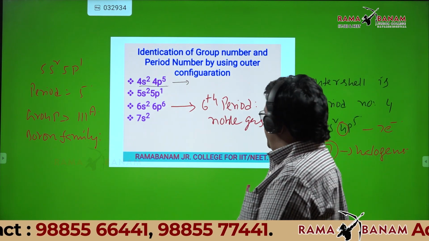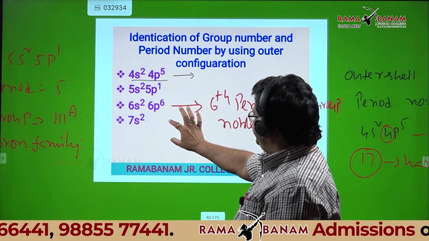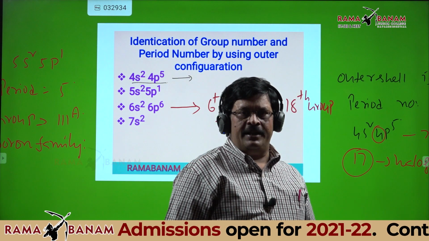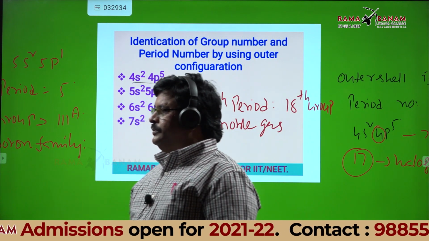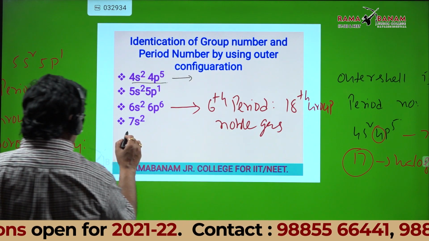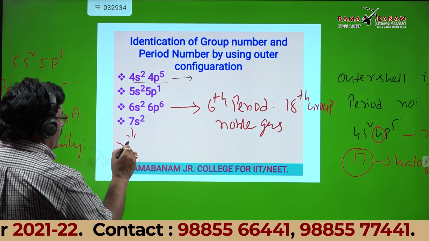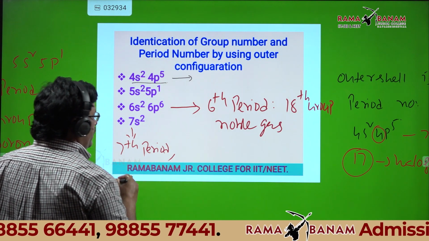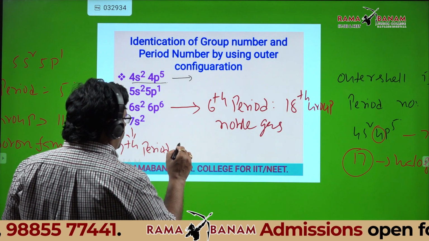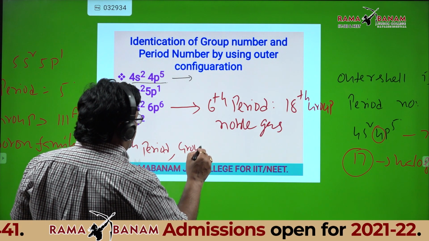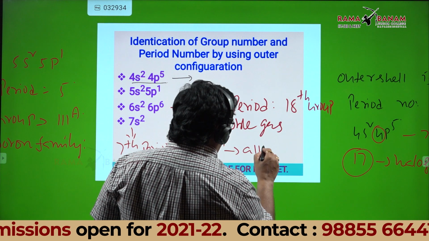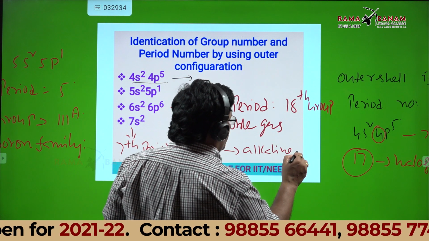18th group. Simply I have given 7s2. 7th period, sir. Excellent, 7th period. And second group. This is alkaline earth metals, group 2A. Good students.